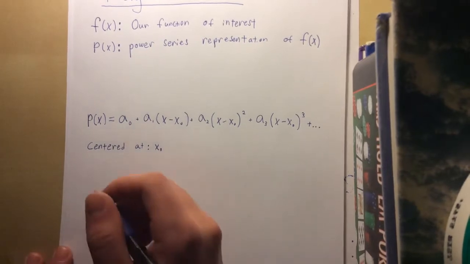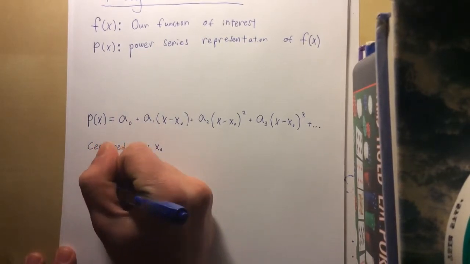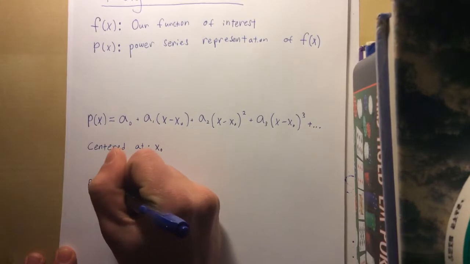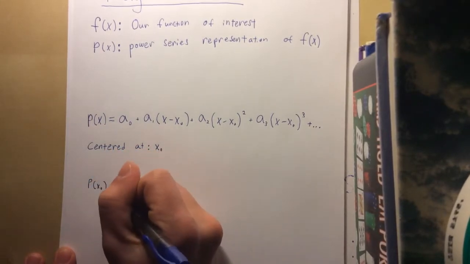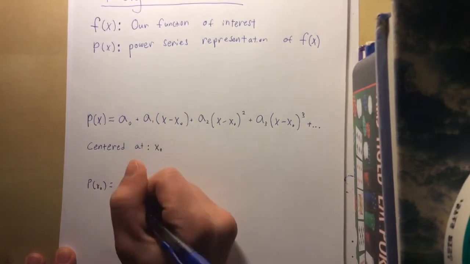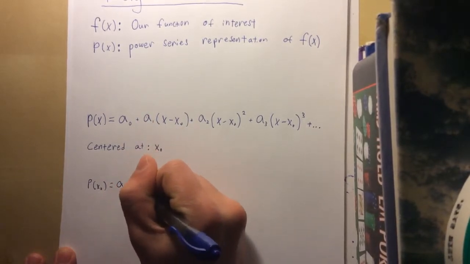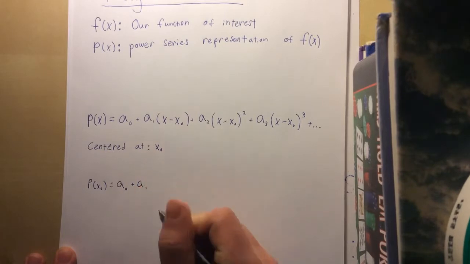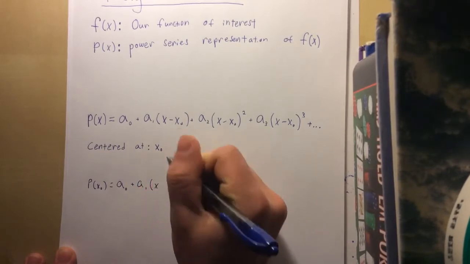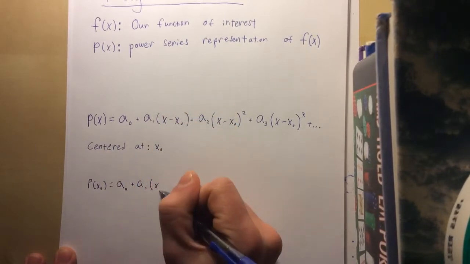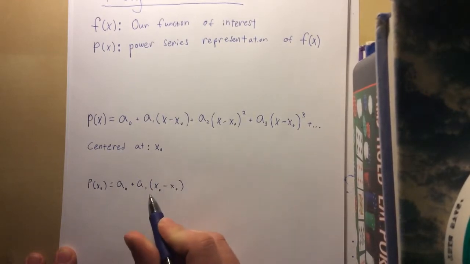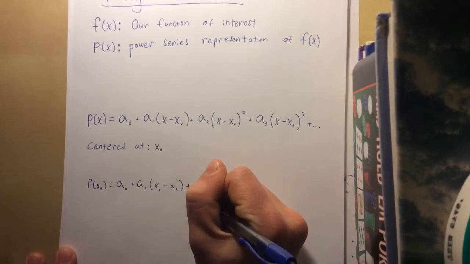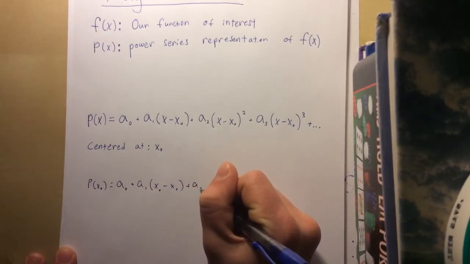Let's notice what p of x naught is. And remember, x naught is where we're centering it. So our first constant isn't going to change. Then we're going to add that to our second constant times x minus x naught, where x is x naught, so this is x naught minus x naught, which is 0. Here I'm going to go ahead and write that.